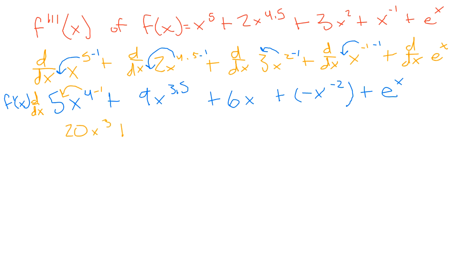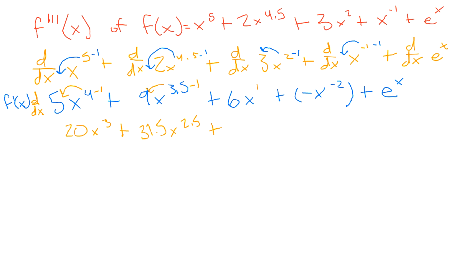Plus, we pull that 3.5 out in front. 3.5 times 9 is 31.5, x to the 3.5 minus 1, which is 2.5. Plus 6x to the first.